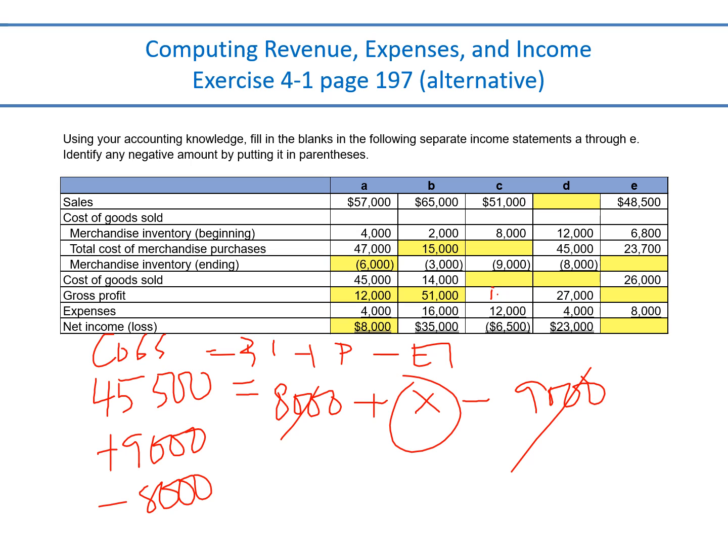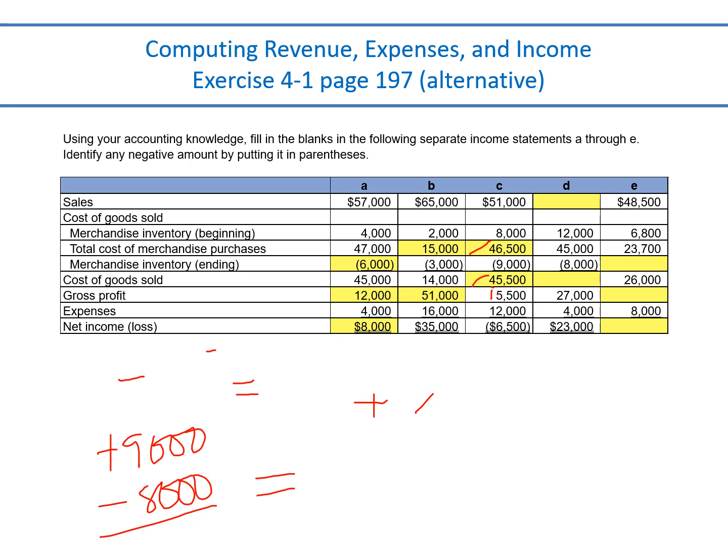That makes that 0. We're left with X equal to 45,500 plus 9,000 minus 8,000 equals 46,500. This is the 45,500 for cost of goods sold that we solved for using our 5,500 gross profit. Okay.